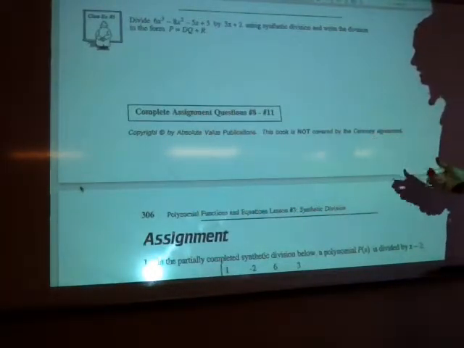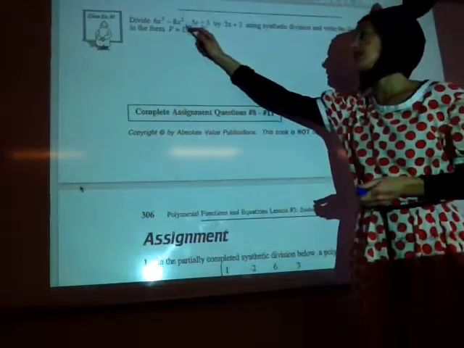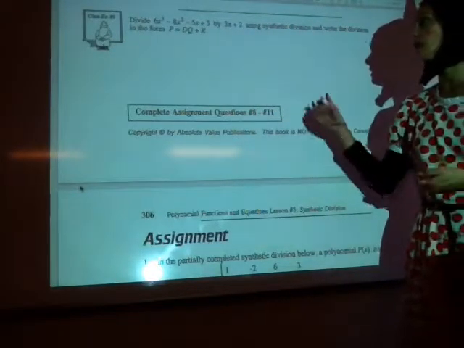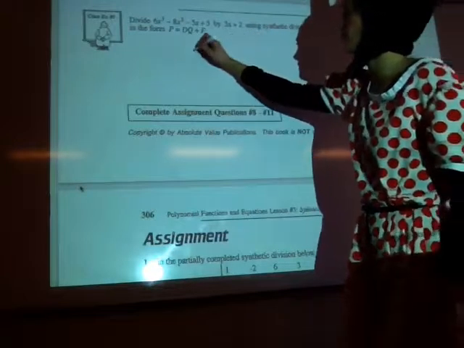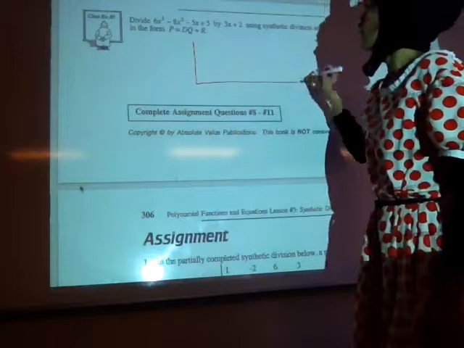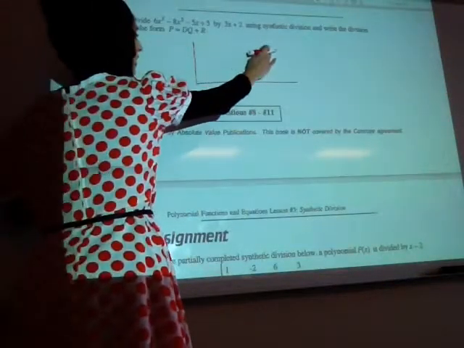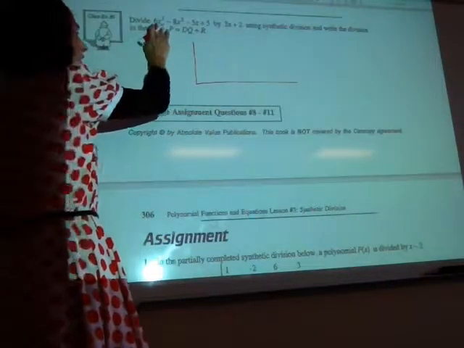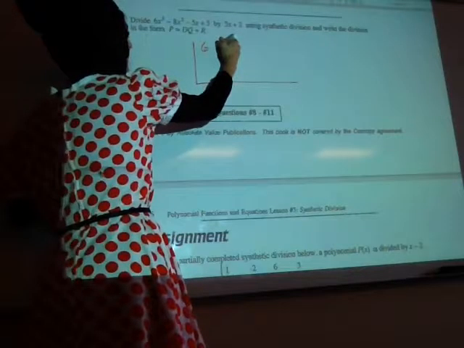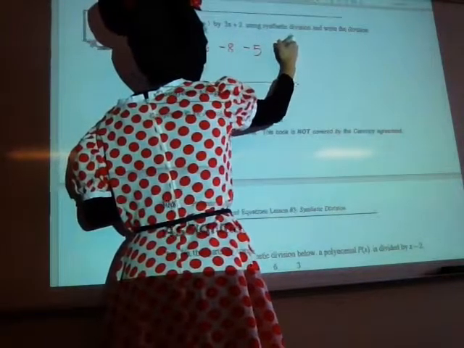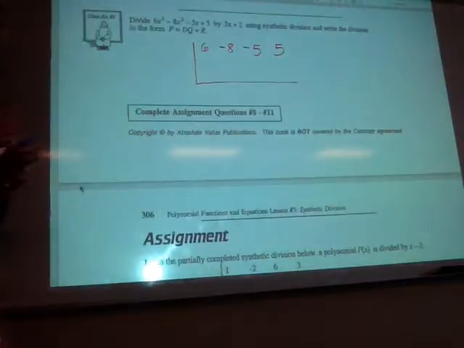Alright, so we're dividing 6x cubed minus 8x squared minus 5x plus 5 divided by 3x plus 2. So let's set up our division. I'm just going to put in the polynomial coefficients to start. So I have 6x cubed, negative 8x squared, negative 5x, positive 5 as my constant.